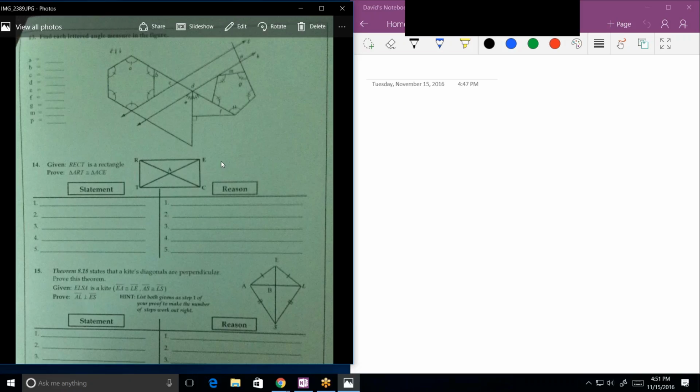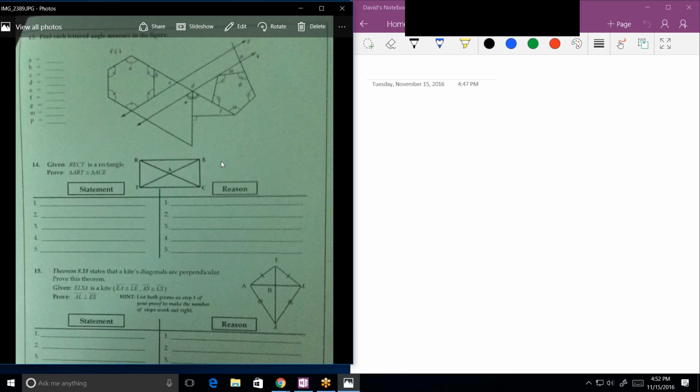Theorem 8.13 just says a parallelogram is a rectangle if and only if its diagonals are congruent. Well, we don't have a parallelogram here. We have a rectangle. And in a rectangle, the diagonals are equal to one another and they bisect one another.